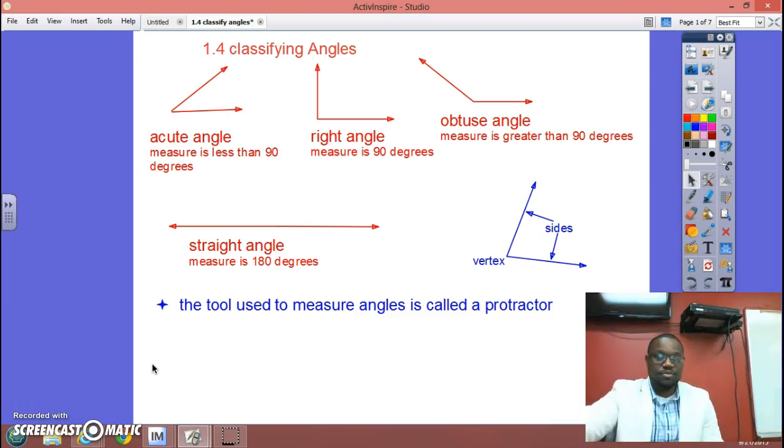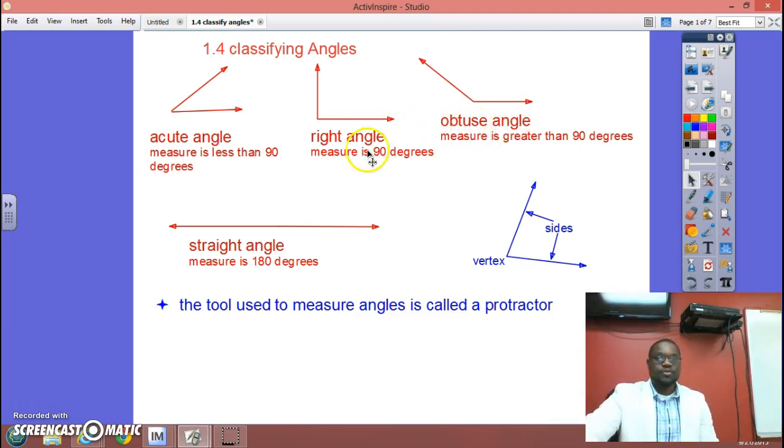Alright, so here's what we're going to do. First, we're going to talk about how we classify angles, and it's based on their degree measure. In this case, an acute angle is an angle less than 90 degrees. A right angle measures exactly 90 degrees, and an obtuse angle is greater than 90 degrees.